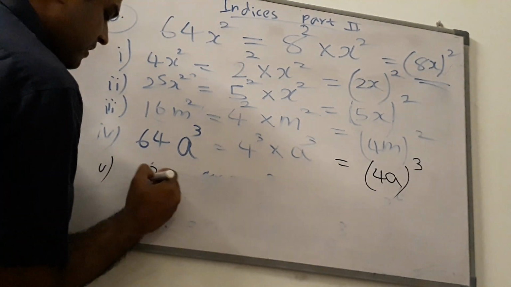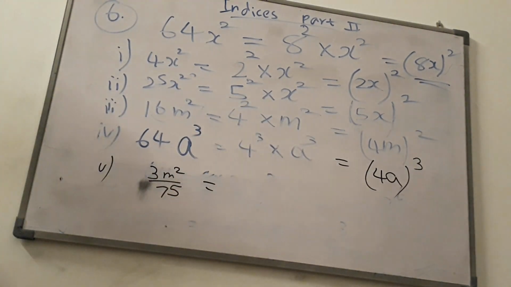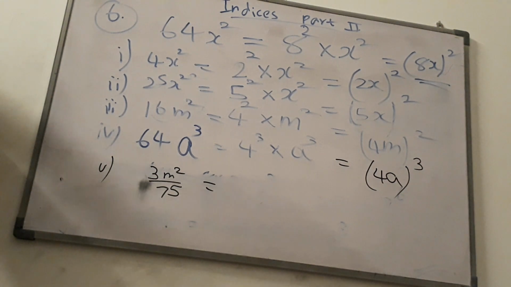3m squared divided by 75. Okay, there's a bit of drama going on in this particular question. Before making it as a power of a certain number, first of all we have to do some simplifications.